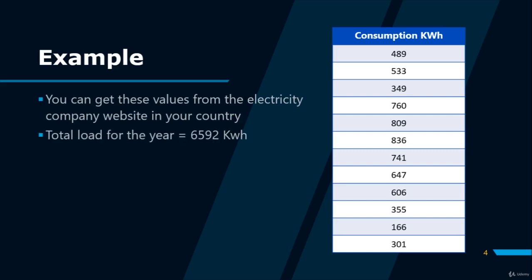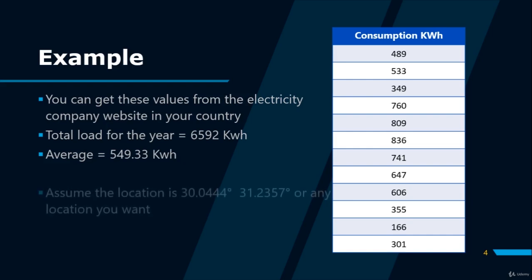Sum all the values and we will get 659.2 kilowatt hour. Estimate the average from the total summation of the values and we will get 549.33 kilowatt hour. So we sum all values and estimate the average of energy consumption.